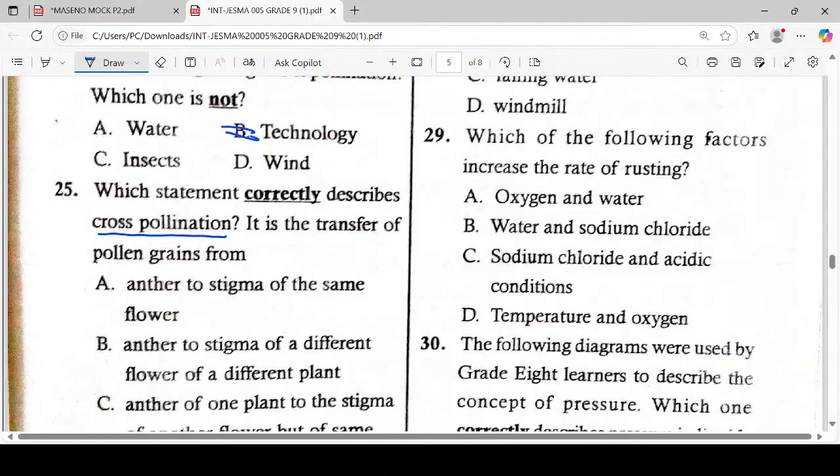The transfer of pollen grains from the anther to the stigma of the same flower? No, this becomes self-pollination. Anther to stigma of a different flower of a different plant. What rules out this answer is the term different plant.